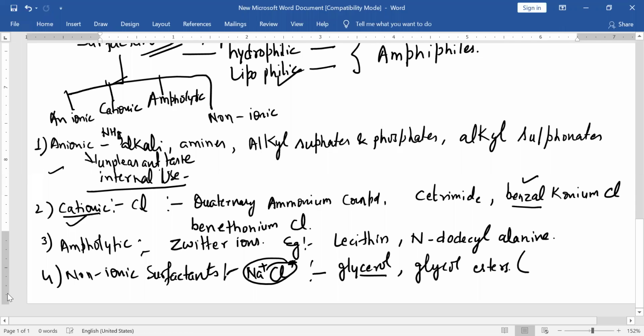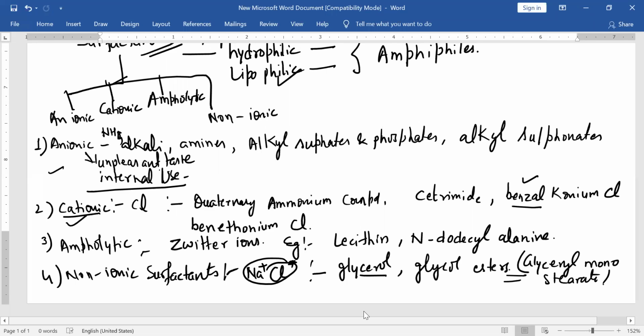The main example is glyceryl monostearate, which is widely used as a surfactant in pharmaceuticals.